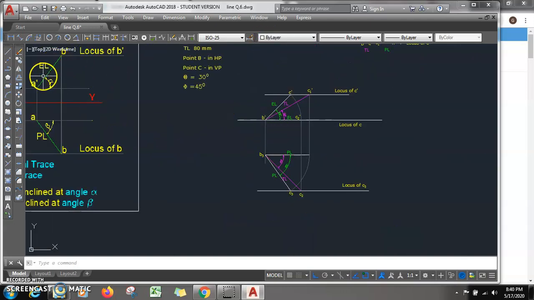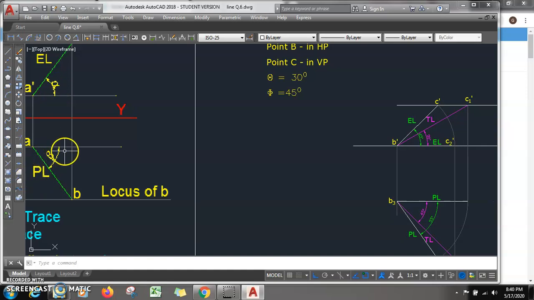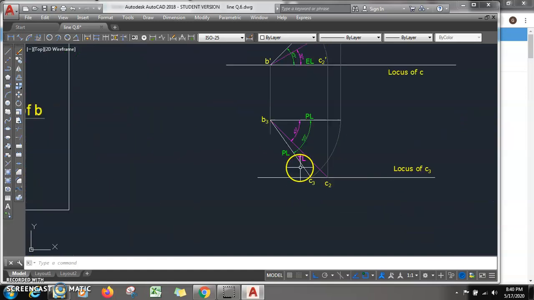So you see, the elevation length is inclined at angle alpha and the plan length is inclined at angle beta. So you have to remember this.